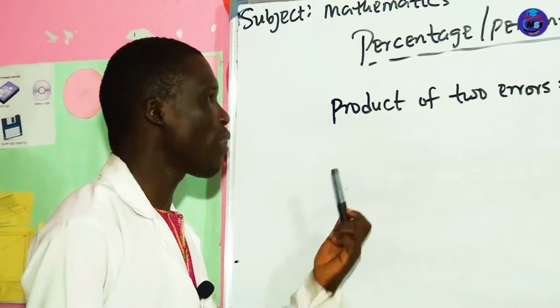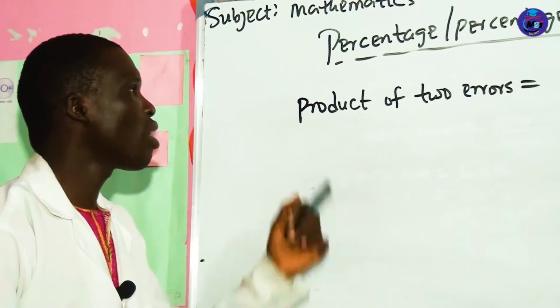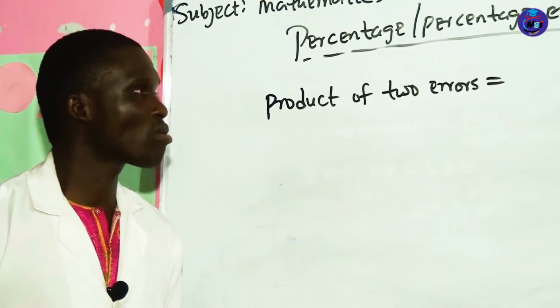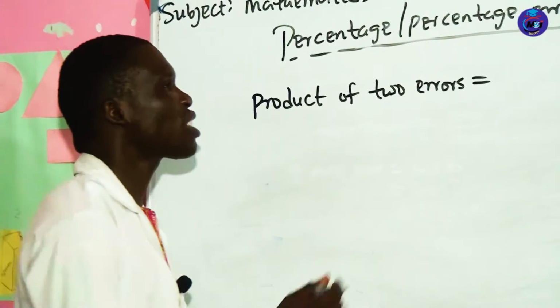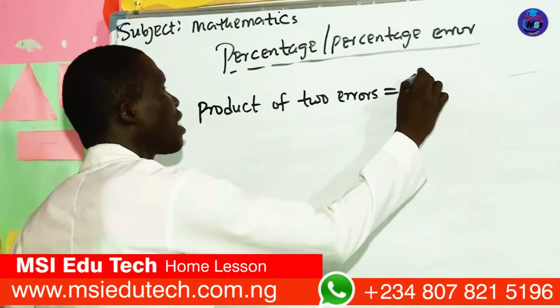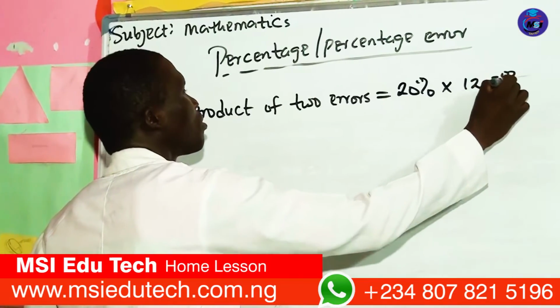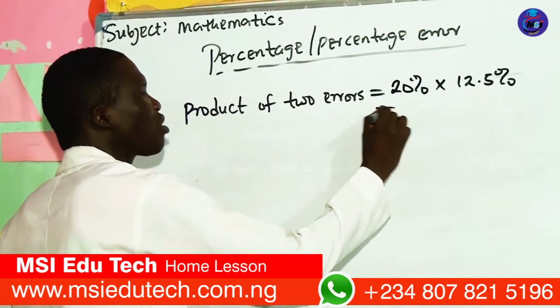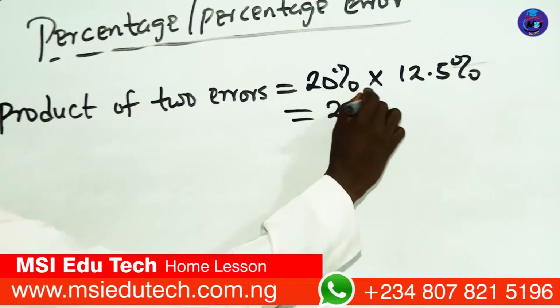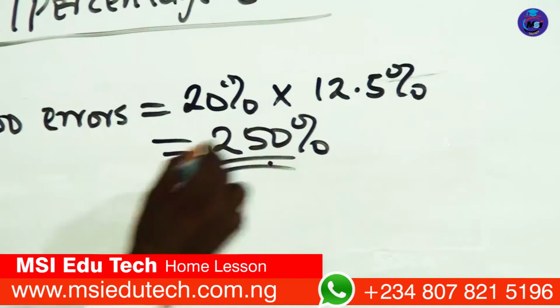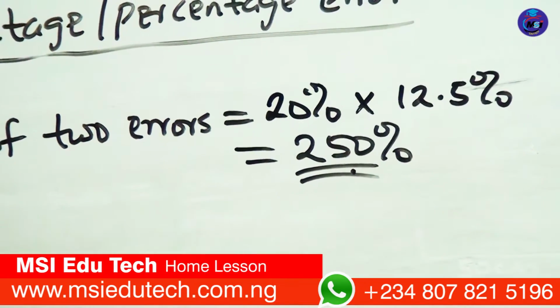So class, we want to find the last part of this question, product of two errors. So the first error we got 20%, while the second one we got 12.5%. So if you multiply these together, you are going to have 250%. So far so good.